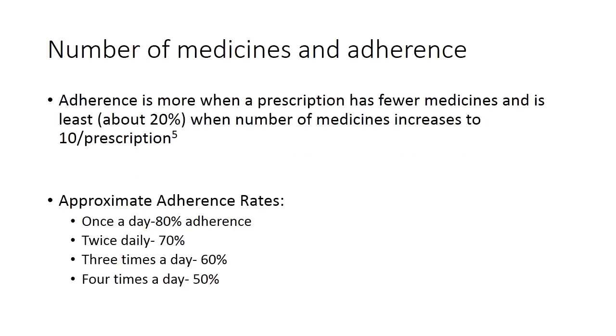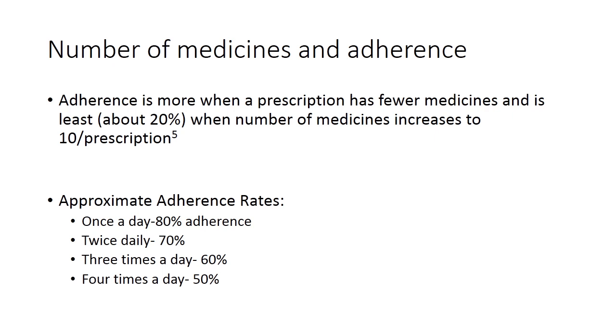Now it has been found that as the number of medicines in a prescription increases, adherence is reduced. With two medicines a day, 70% adherence is found, but when the medicine number is 4 times a day, then adherence is only 50%. And when it is 10 medicines per prescription in a day, then adherence is only 20%.